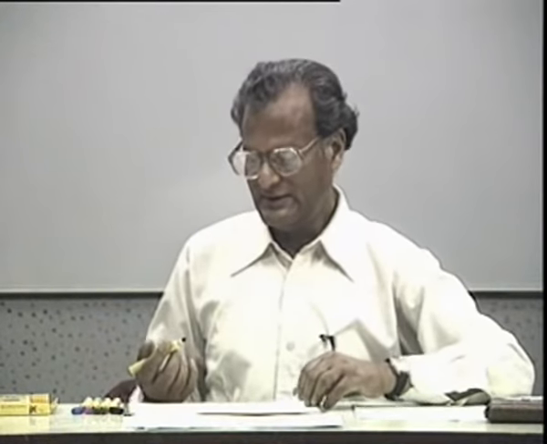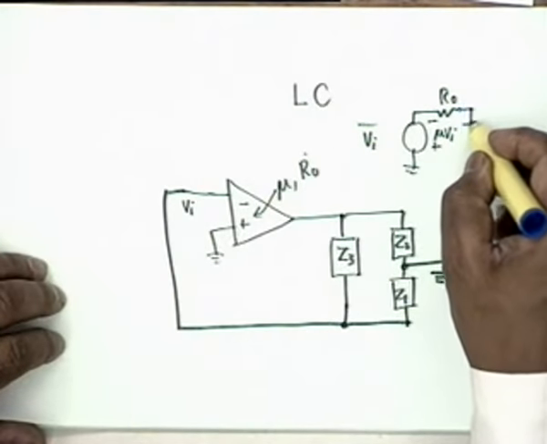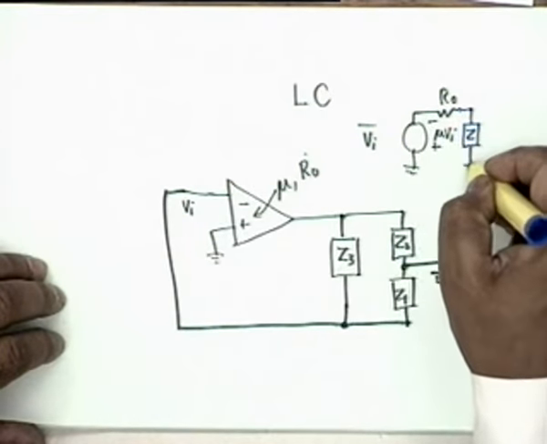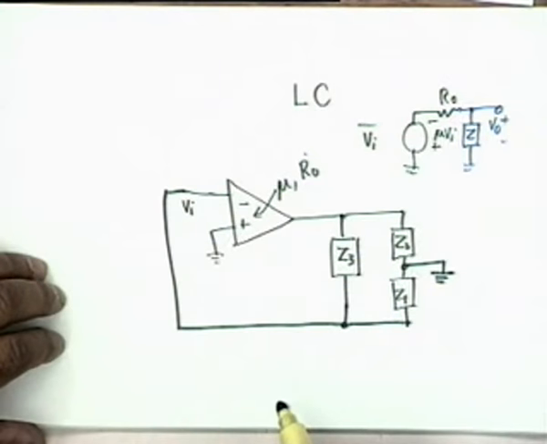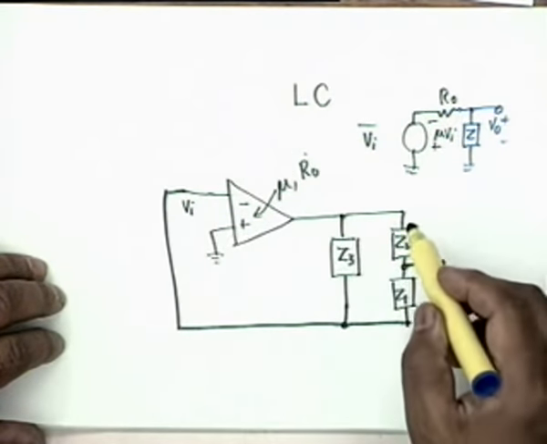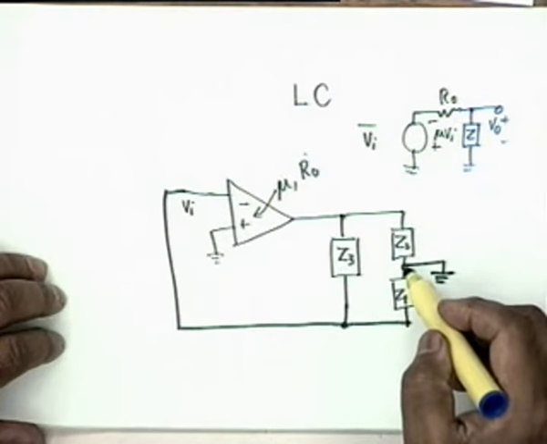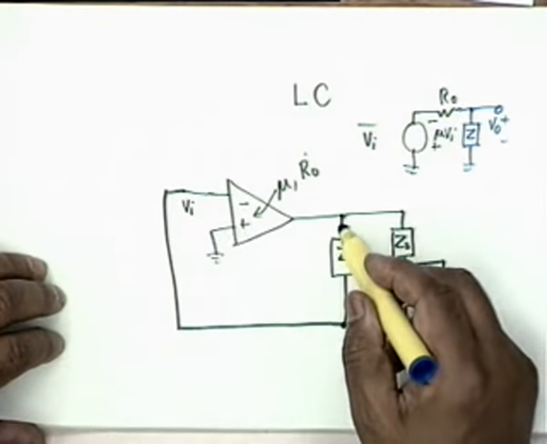Now, obviously, the A and beta are not very difficult to find out. What would be A, for example? For A, you have mu Vi, R0, and here there would be an impedance Z. This is V0, the A circuit, and this impedance would be Z2 in parallel with Z1 plus Z3.